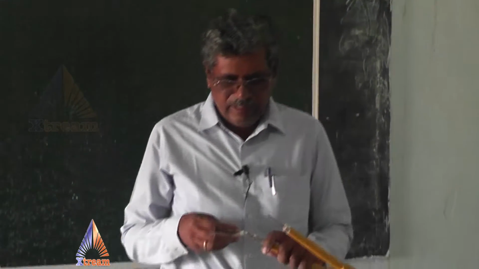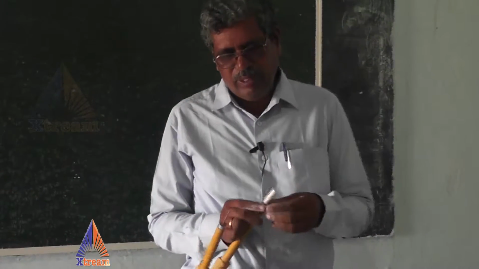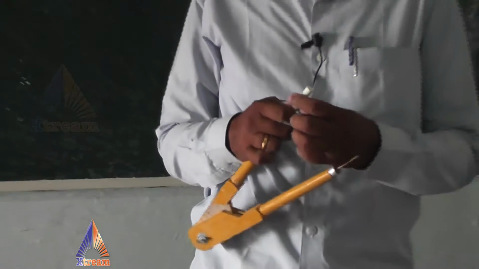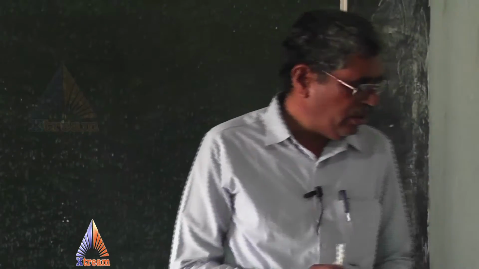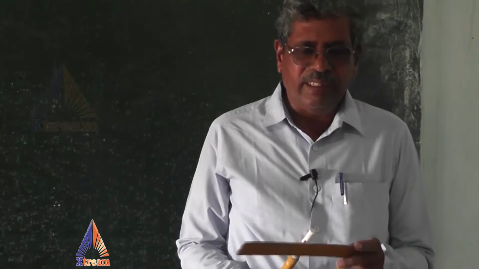In that problem, if the radius is given as 3.5 centimeter, then the diameter is equal to 7 centimeter. Now all of you know that we can draw a line AB equal to 7 centimeter, or we can take 3.5 centimeter.